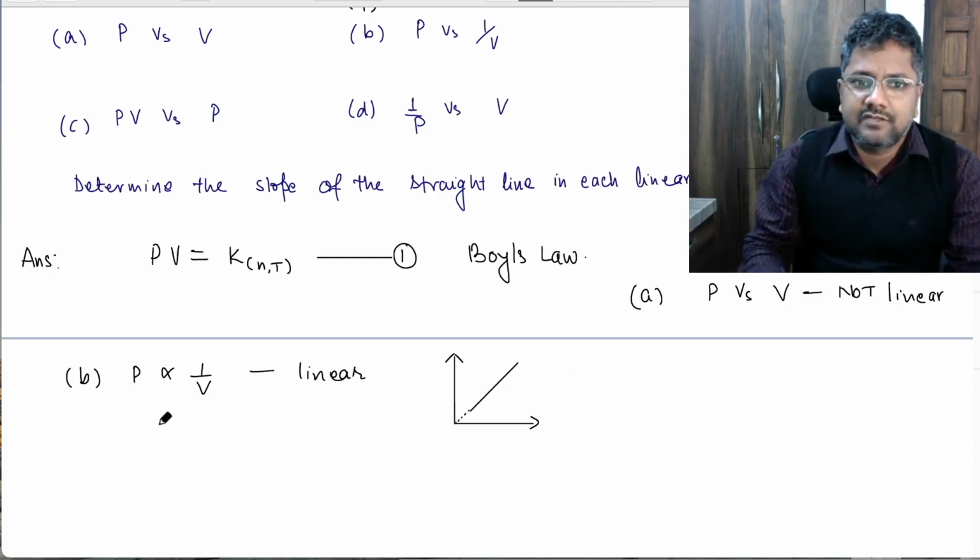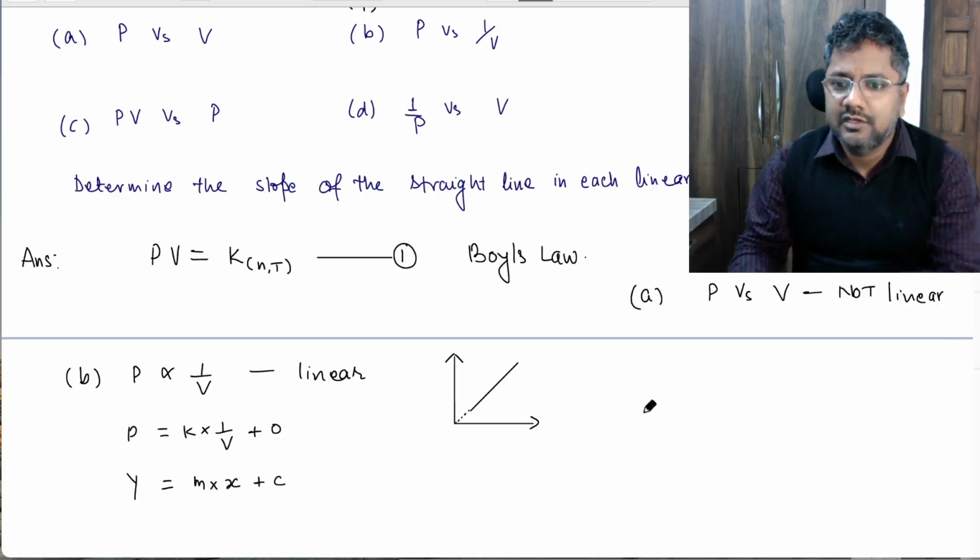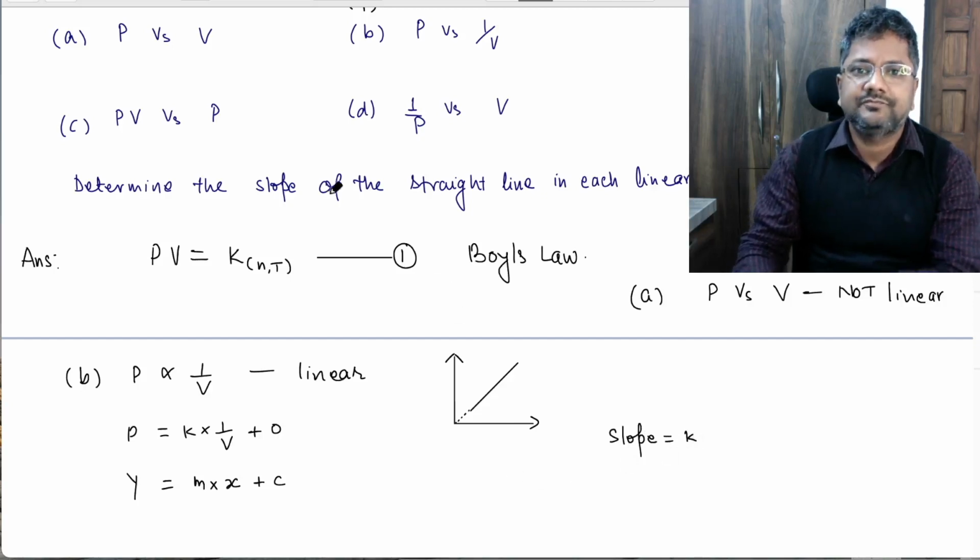So P is equal to K into 1 by V plus 0. So this is Y is equal to M into X plus C. So C is equal to 0. So the slope in this case is equal to K, right?